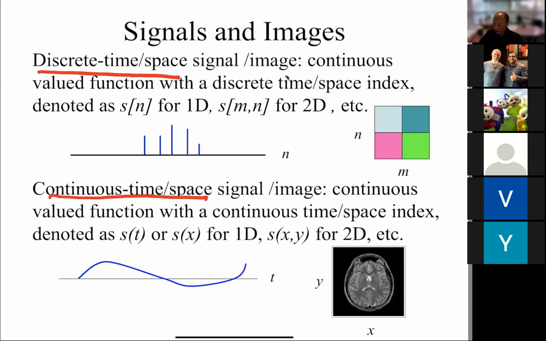For example, a 1D function s of n would be defined at all integer values of n, and a 2D discrete function s of m,n would be defined at discrete locations of the integers m and n. So for example, this here is an example of a discrete time signal. It's only defined at integer values. And here on the left is a 2D image, a very simple 2x2 image defined at integer values.